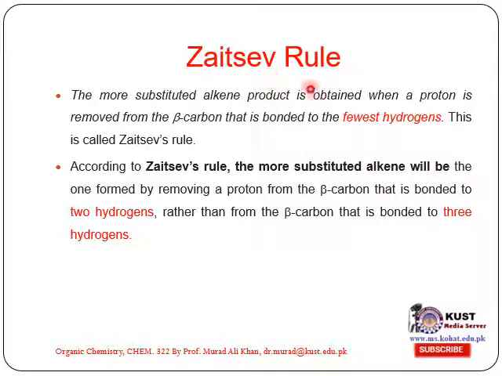Zaitsev rule: what does the Zaitsev rule say? The more substituted alkene product is obtained when a proton is removed from the beta carbon that is bonded to the fewest hydrogens. This is called the Zaitsev rule.